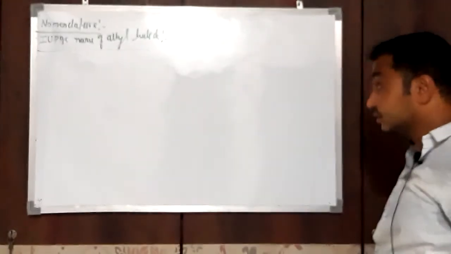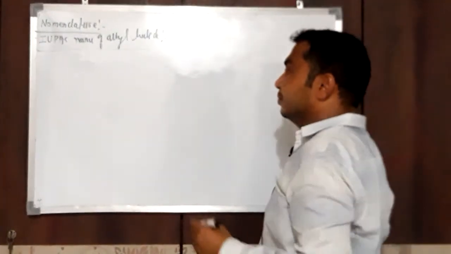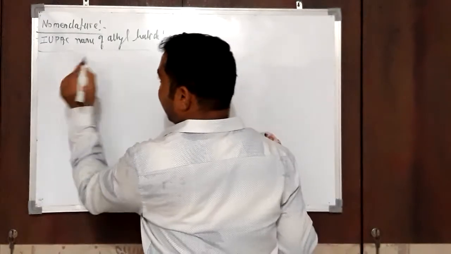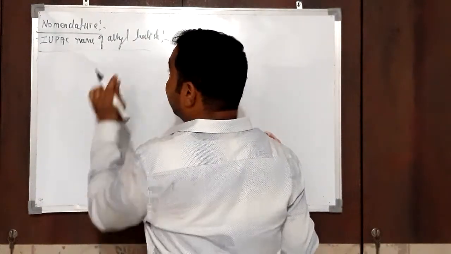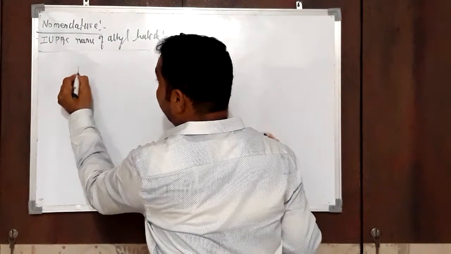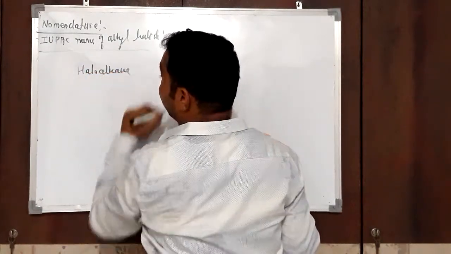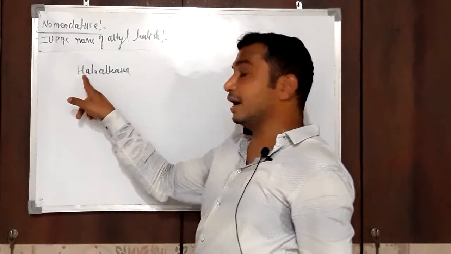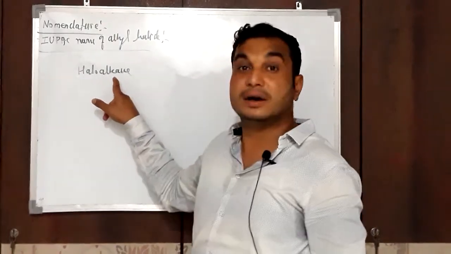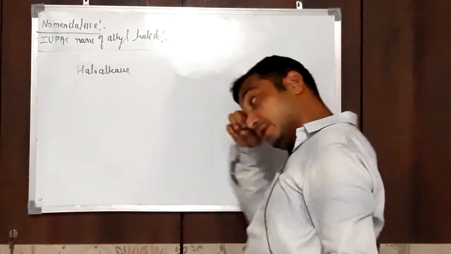You all know about this. I will just take an example. In IUPAC nomenclature, the name of an alkyl halide is given like a haloalkane. Haloalkane means we have to name the halogen atom followed by the word alkane. Very simple.